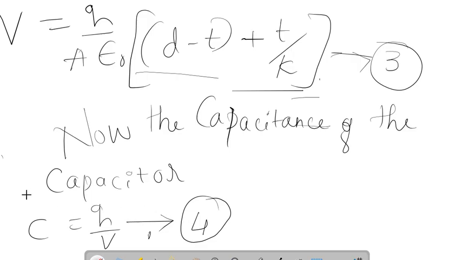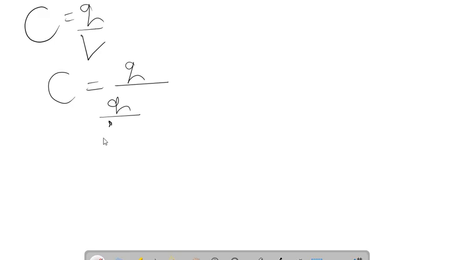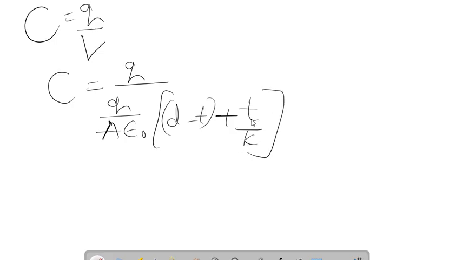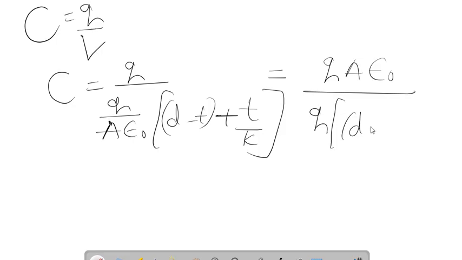If you substitute Q and V, what will be the answer? C is equal to Q by V, and V is Q divided by A into epsilon naught into (D minus T plus T by K). So C becomes Q into A into epsilon naught divided by Q into (D minus T plus T by K).